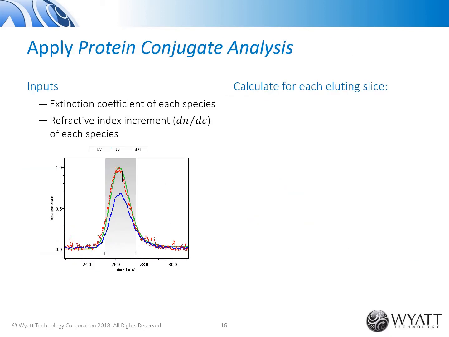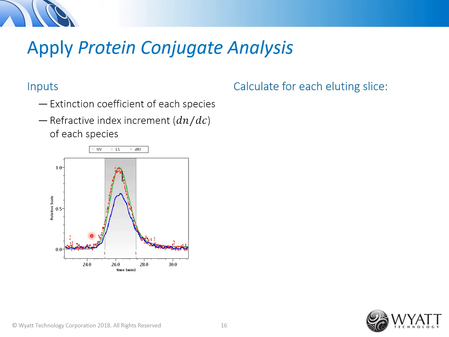First, we'll input what we know about each species. So that's the measured extinction coefficient of the protein and the DNA, and also the refractive index increment, or dn/dc, of each part. Our Astra software then uses the light scattering, the UV, and the RI to calculate the molar mass and the mass fractions of each part at every point across this chromatogram.